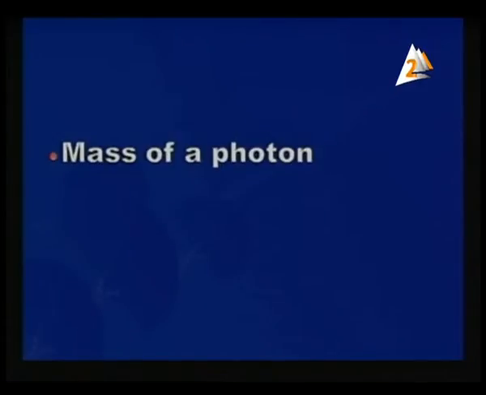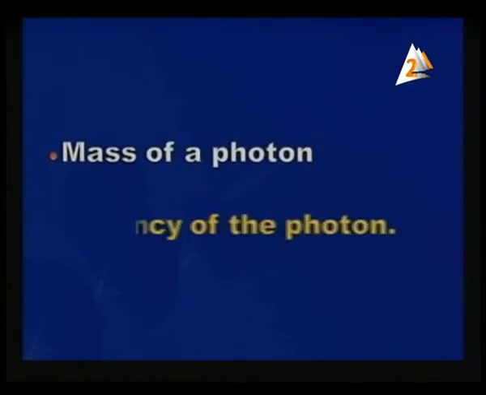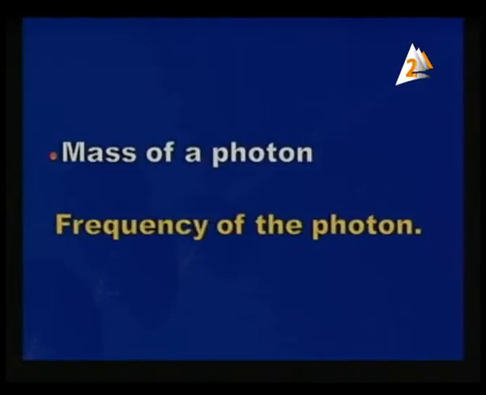Factors affecting the mass of a photon. The mass of the photon equals h nu over c squared. So it depends on the frequency of the photon. h is Planck's constant, c is a constant, so it depends on the frequency.